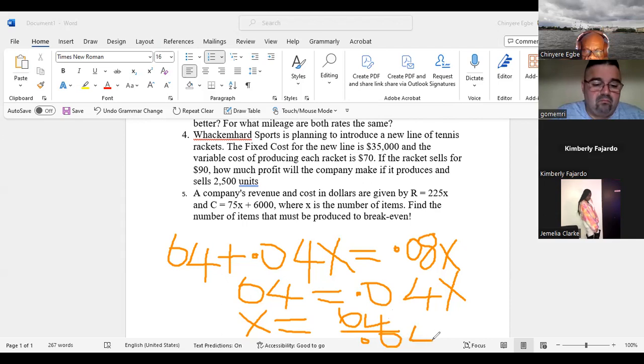I got x as 24. But this is what you should be solving. Because if 64 is equal to 0.04x, then you divide both sides by 0.04, and so x becomes 64 over 0.04.